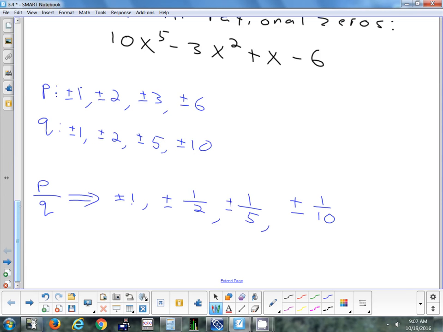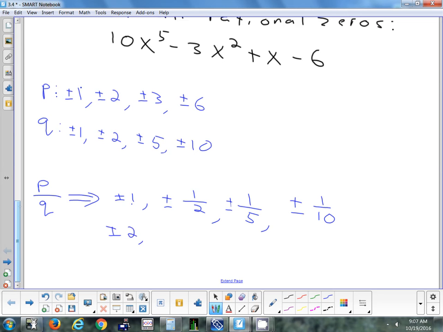Okay, so the next one I'm going to do is 2. Somebody tell me one of the roots I could have with positive or negative 2 in the numerator? Yep, Denver. Positive or negative 2. You want to keep going?